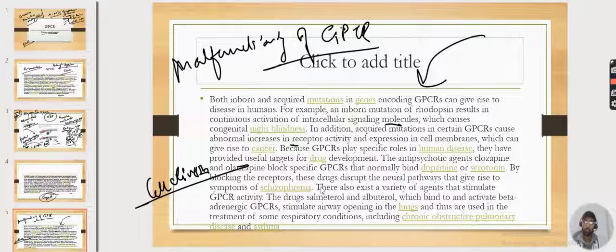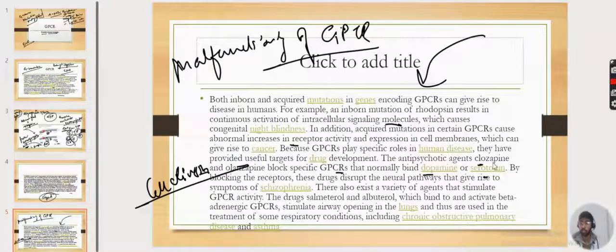In the case of schizophrenia, we have two neurotransmitters, dopamine and serotonin. By blocking the receptor, what exactly happens here? The antipsychotic drugs used, clozapine and olanzapine, block the GPCR that normally binds dopamine or serotonin.